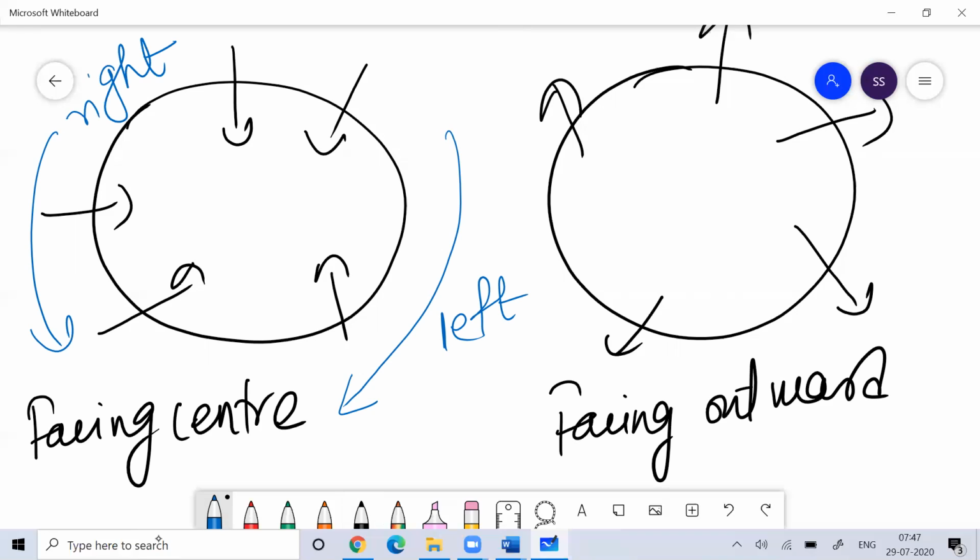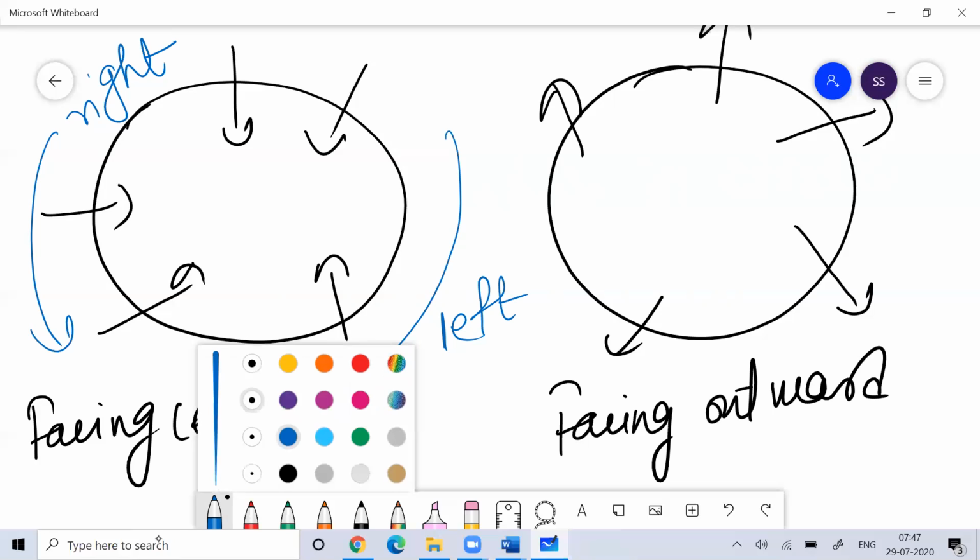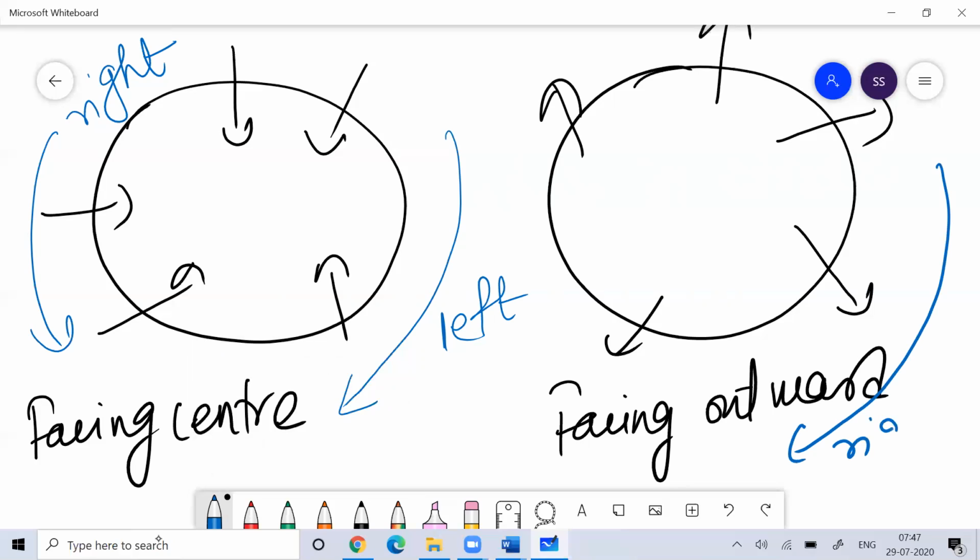Similarly, if you're facing outward, then clockwise direction is your right side, and anti-clockwise direction is your left side. You can remember this.